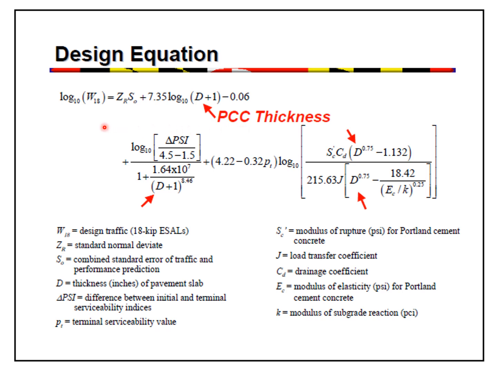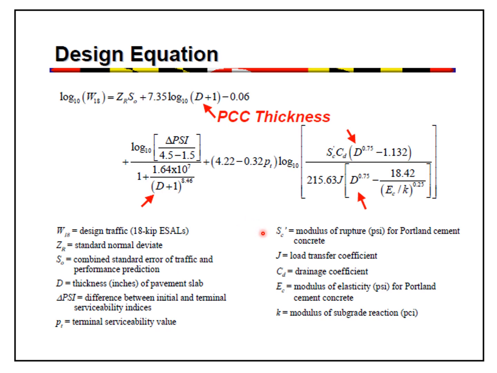So in this equation, if you just look at the different variables: W sub 18, that is the design traffic, that is the accumulated equivalent single axle loads; Z sub R, that is the standard normal deviate; S sub naught, that is the combined standard error of traffic and performance prediction; D is the thickness of pavement slab in inches; delta PSI, that is the difference between initial and terminal serviceability indices; and P sub T, that is the terminal serviceability value.